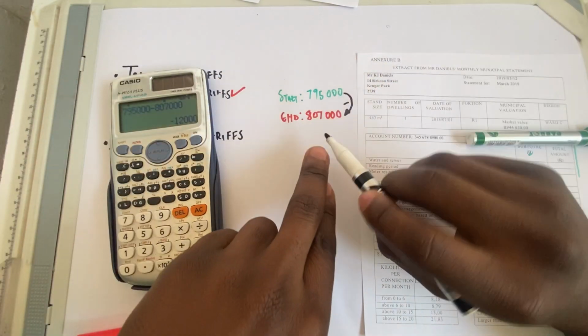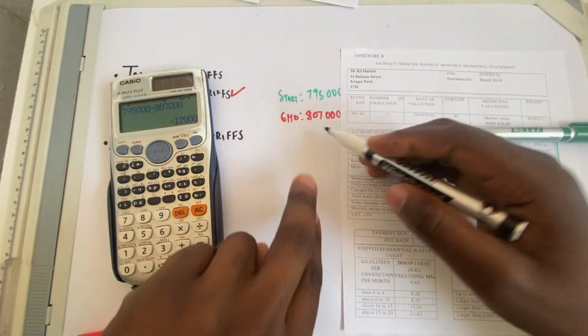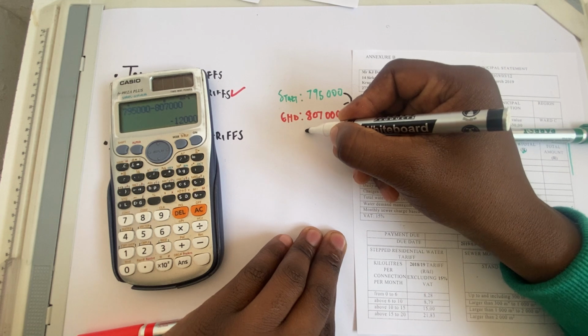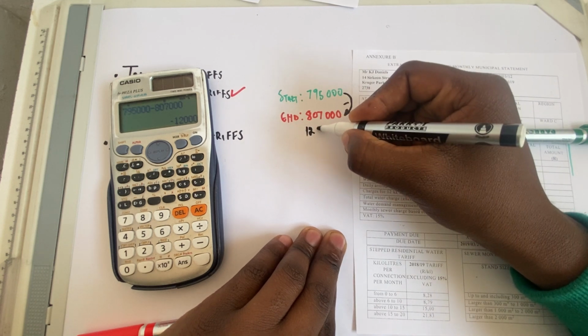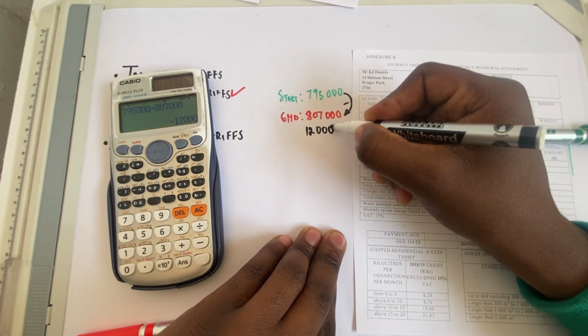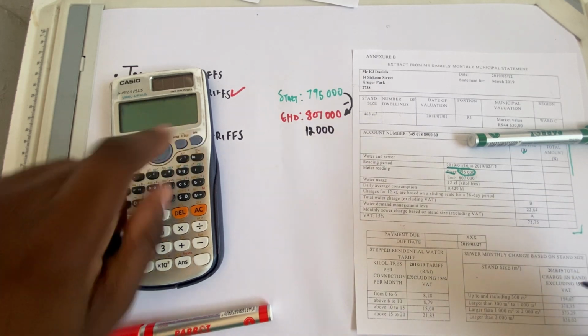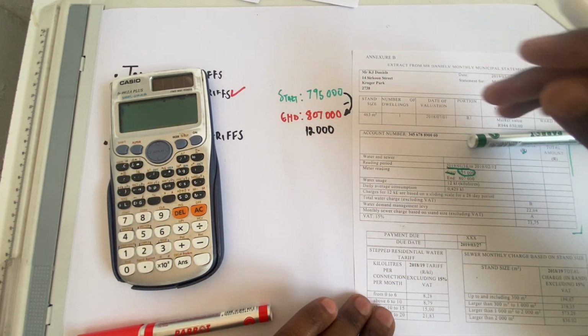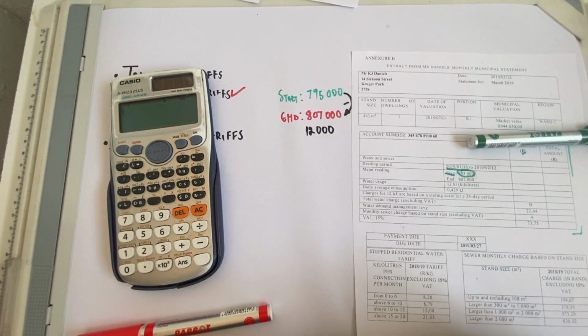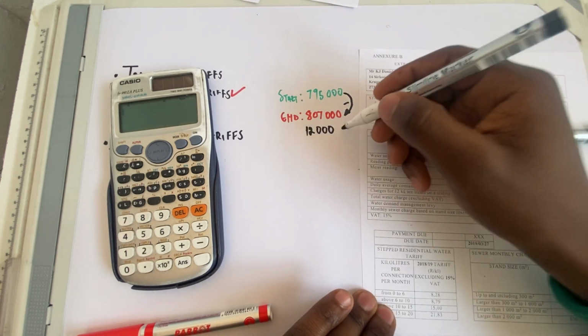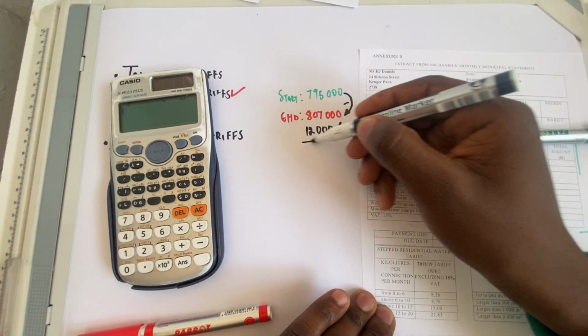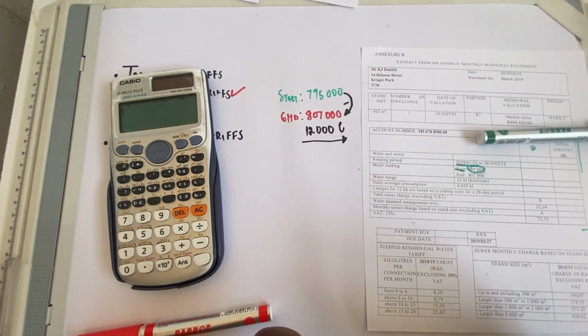But what I explained is that you subtract this from this one. Now you're going to have 12,000 liters that are being used. That is 12,000 liters.